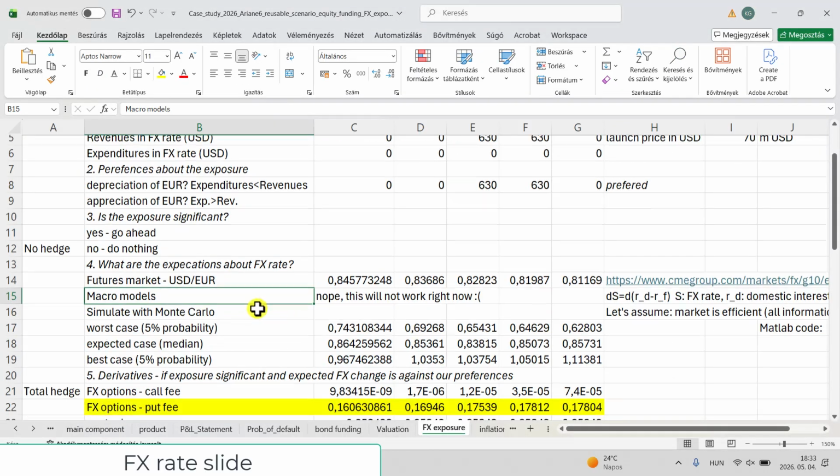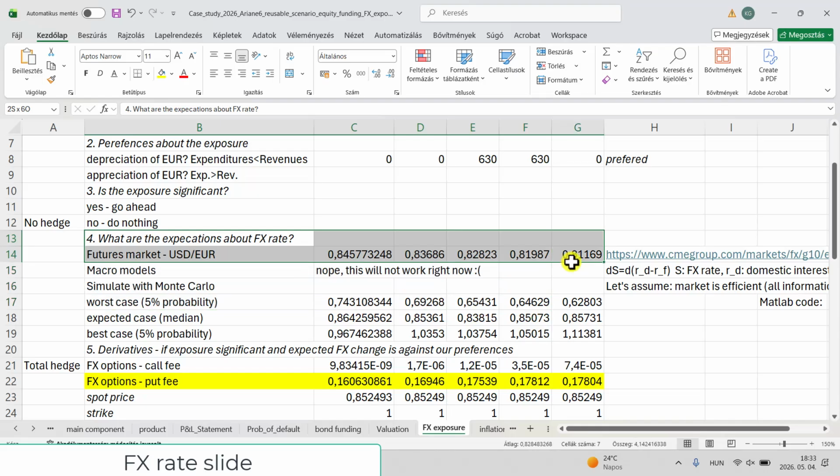And then we can say that, okay, what are the expectations about foreign exchange rates? We can check futures markets. We can have worst case scenario, best case scenario.